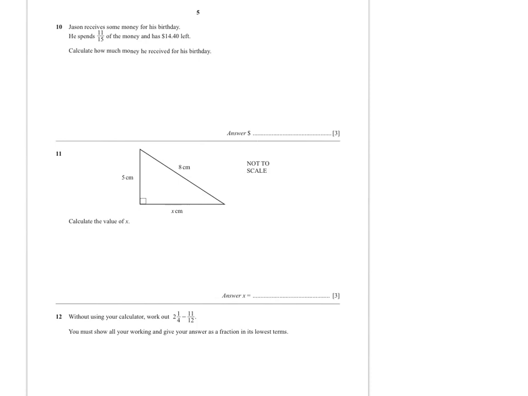Well, that's going to be 1 minus 11 over 15, and that is 4 over 15. So 4/15 is still left, and that is the same as $14.40. So how do we find the original amount?